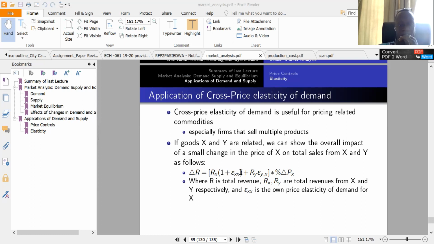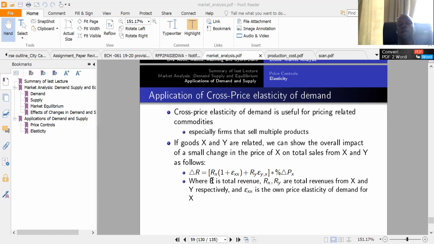Plus the revenue from good Y times the cross price elasticity, close bracket, times the percentage change in price. So you are going to change the price of good X by a certain percentage, and you want to see how the change in the price of that good impacts the revenue for the full firm.